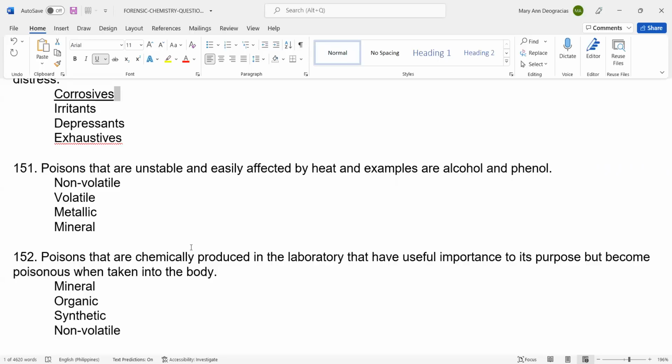Madaling sumingaw. Unstable, easily affected by heat, meaning madaling mag-evaporate. Okay, which is the answer? Is it non-volatile or volatile? Okay, B, bravo. Non-volatile are stable compounds. Ito yung hindi basta-basta nag-evaporate. Ang volatile, ito yung madaling mag-evaporate.